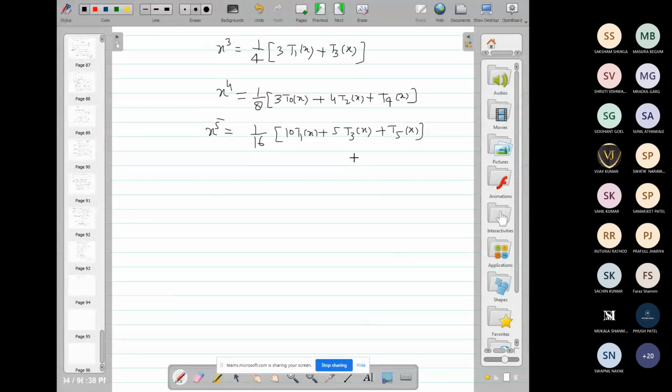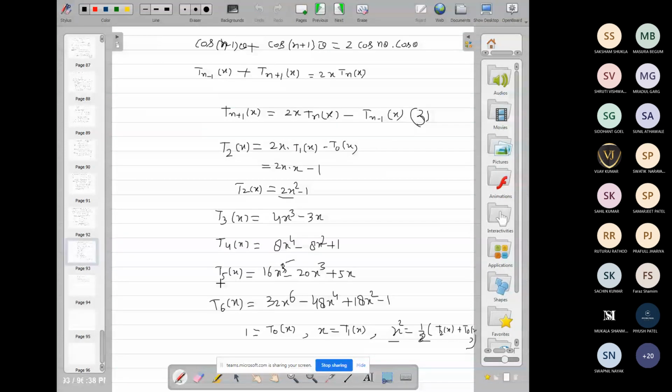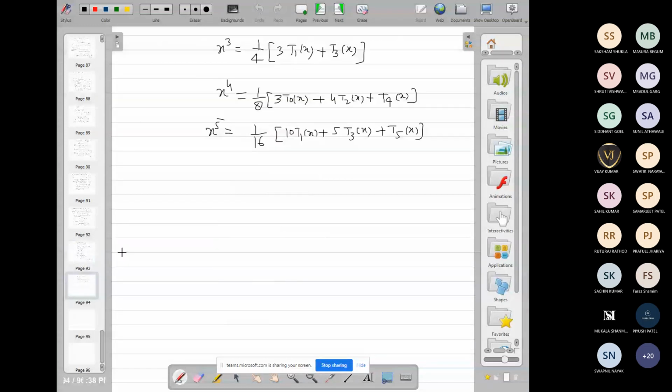In the similar way, we can obtain with the help of this relation how we can express x^5, x^6, x^7, etc.